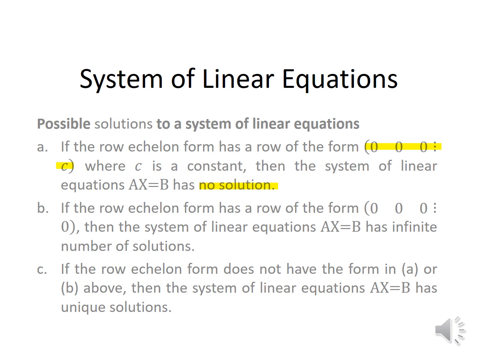If the row echelon form has a row of the form where the whole row is equal to 0, then the system of linear equation has infinite number of solutions. If the row echelon form does not have the form in A or B above, then the system of linear equation has a unique solution. Only one solution.